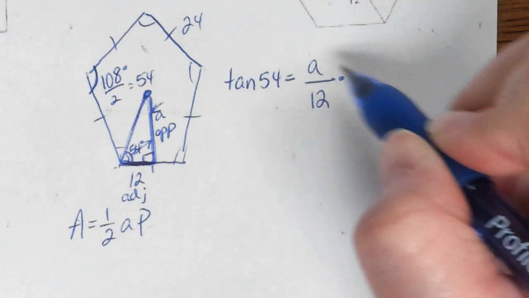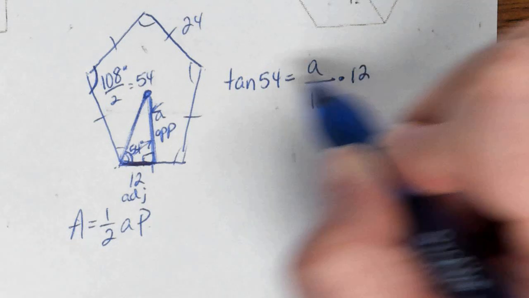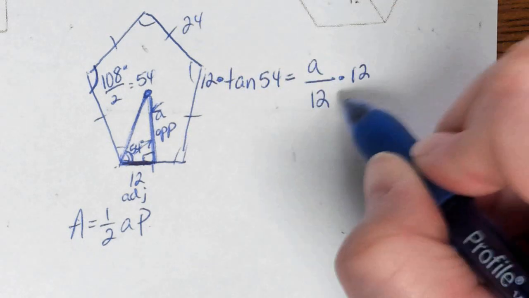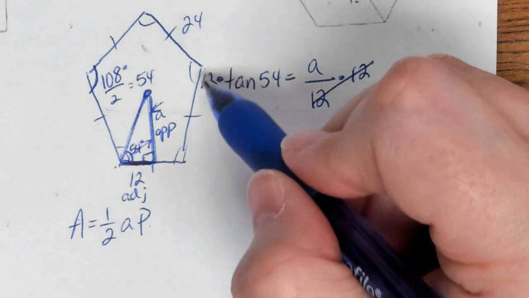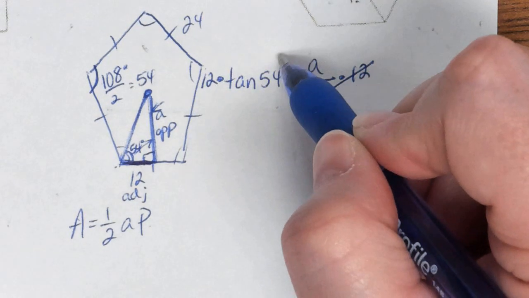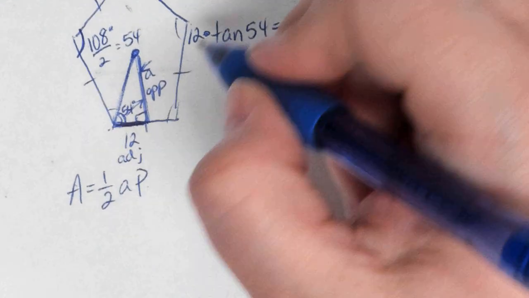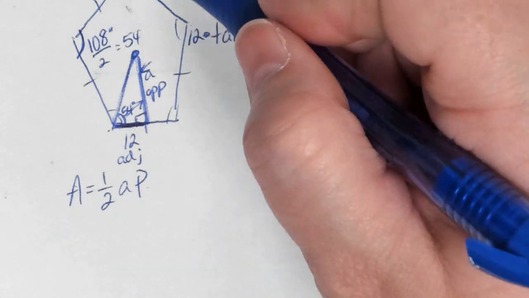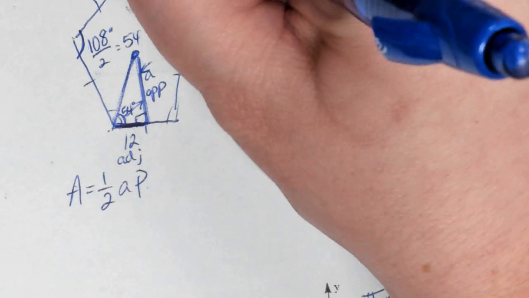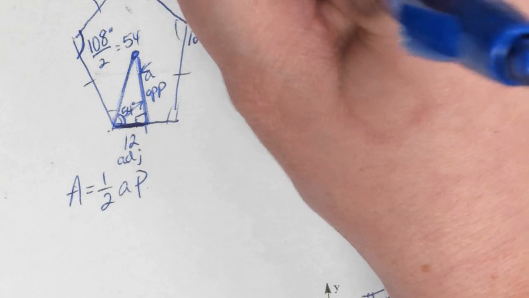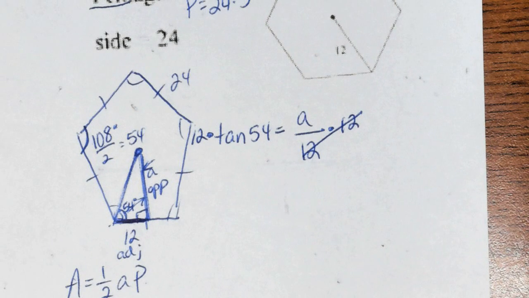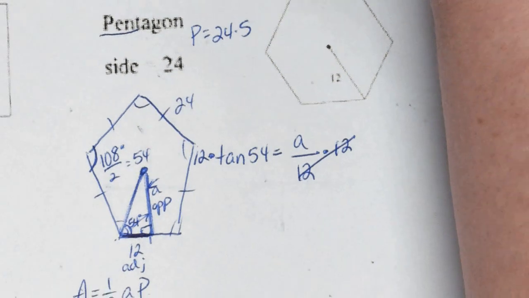So since the A is on top, I can multiply by the bottom number, the 12, to get A by itself. This right here is A. We already knew that P was 24 times 5 because 5 sides, they're each 24. Sorry, I'll zoom out a little bit.